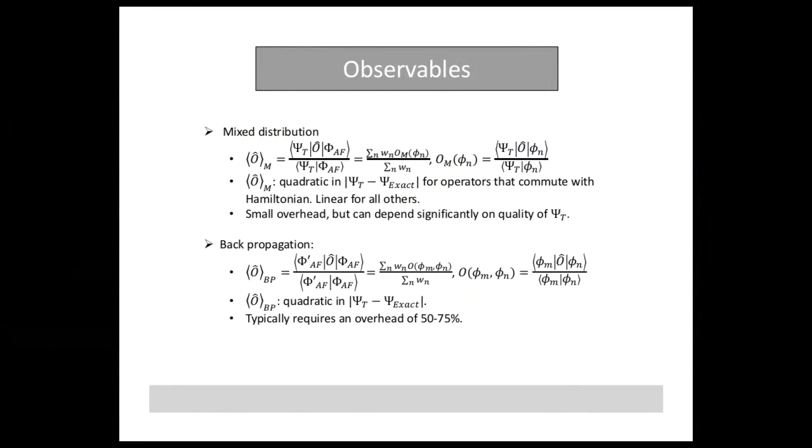But whether that error is linear or quadratic in the difference between the trial wave function and the exact eigenstate matters a lot to observables. The energy is amazing because it's Hermitian, and essentially you can show that because it commutes with propagation, your error will be quadratic in this difference. So even though your trial wave function is not perfect, not great necessarily, you actually have an energy that's pretty close to the real answer.